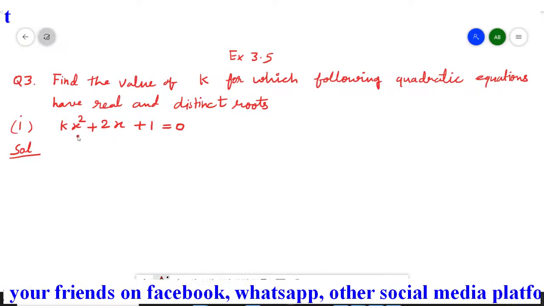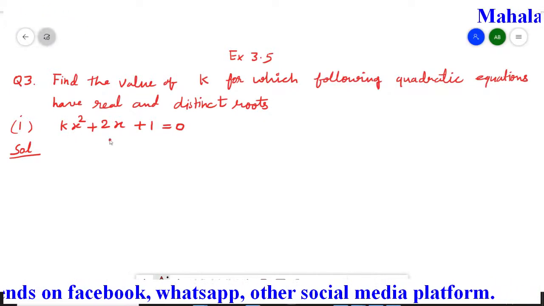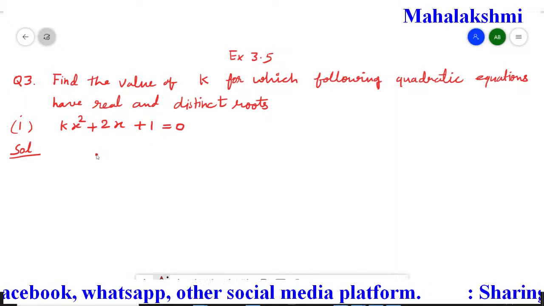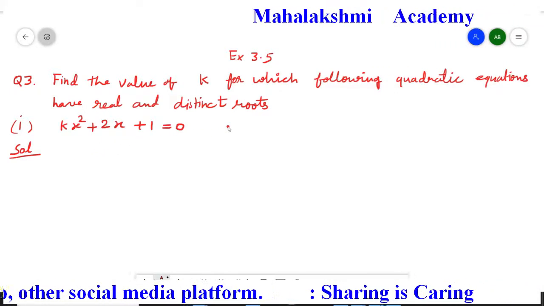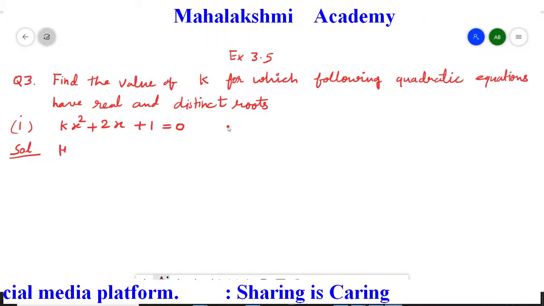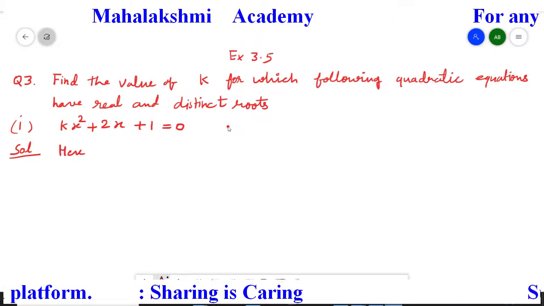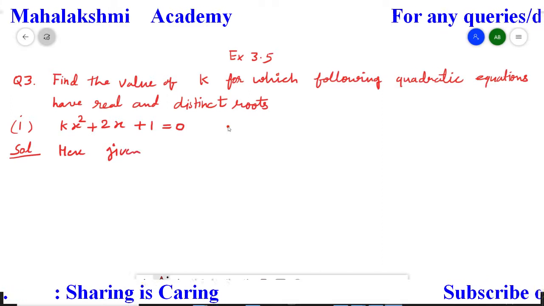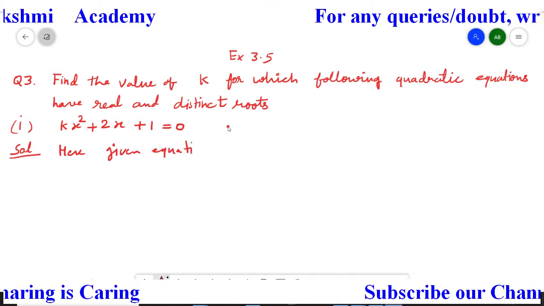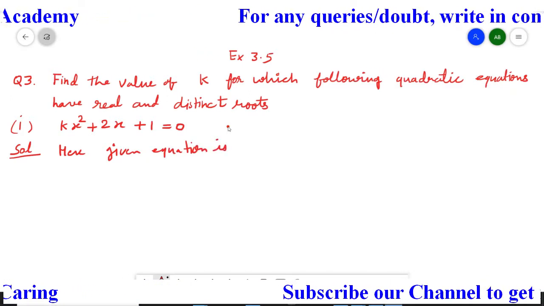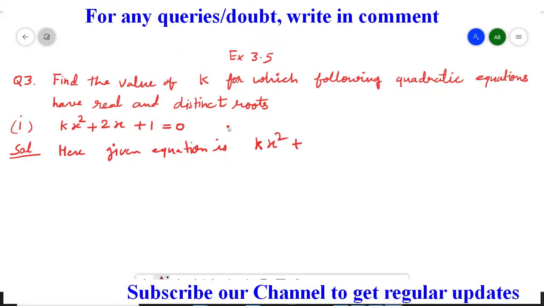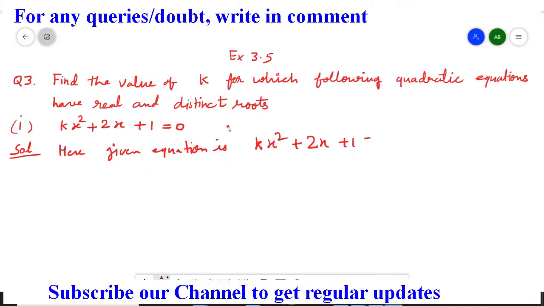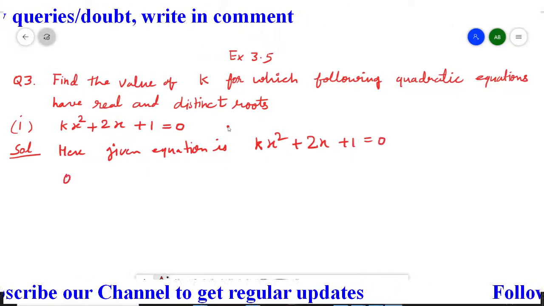Firstly, we are going to compare this equation with the standard form and find out the values of a, b and c. So it's going to be like this. The given equation is kx square plus 2x plus 1 equal to 0.